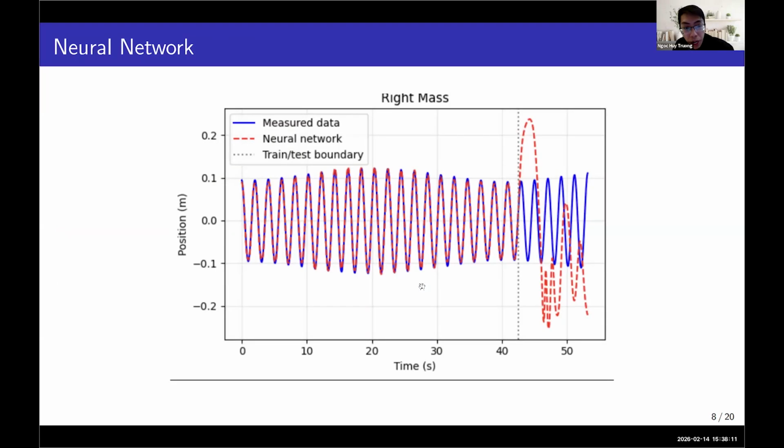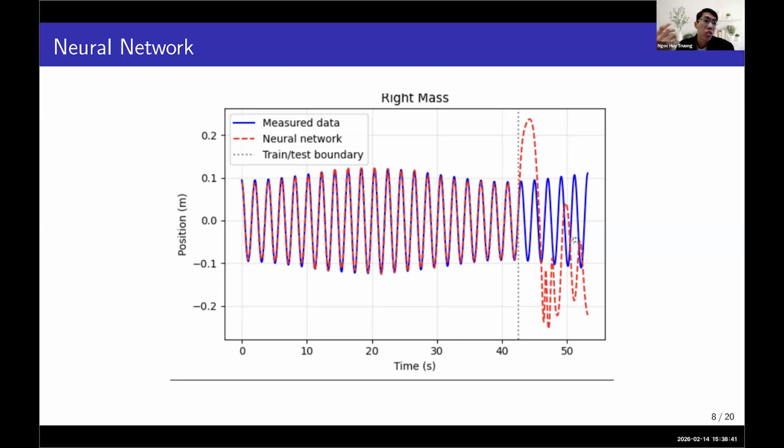As you can see in the picture, the neural network fits the training data perfectly, but it behaves not very well on the test data. I mean, this is normal, right? Because the neural network doesn't have any physical knowledge or any parameter.